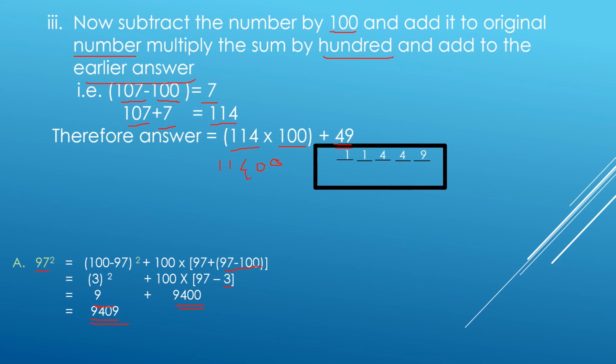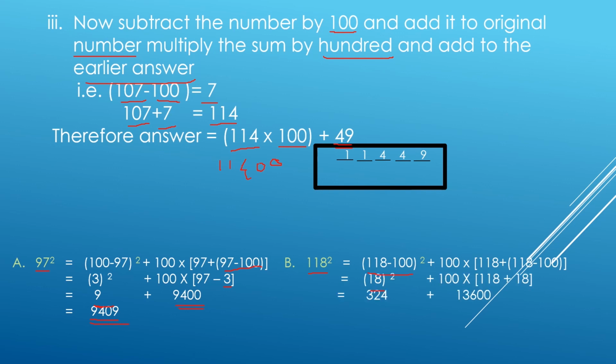Let us look at one more example. 118 squared. The first step is to subtract 100 from 118 and square it to get 18 squared, which is 324. Now subtract 100 from 118.